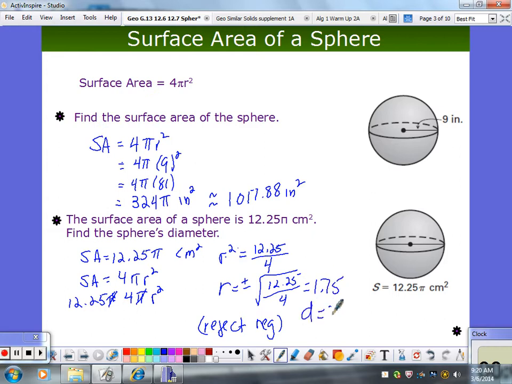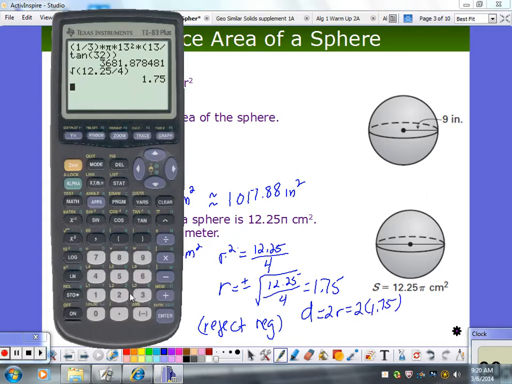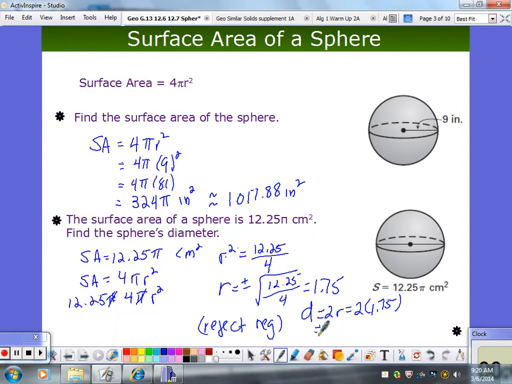So d, which is 2r, is going to be 2 times that. And that's 3.5. 3.5 what? Centimeters. Okay, that's not so bad.